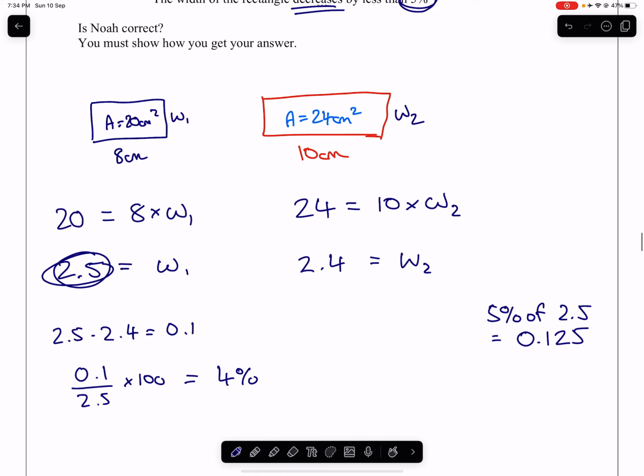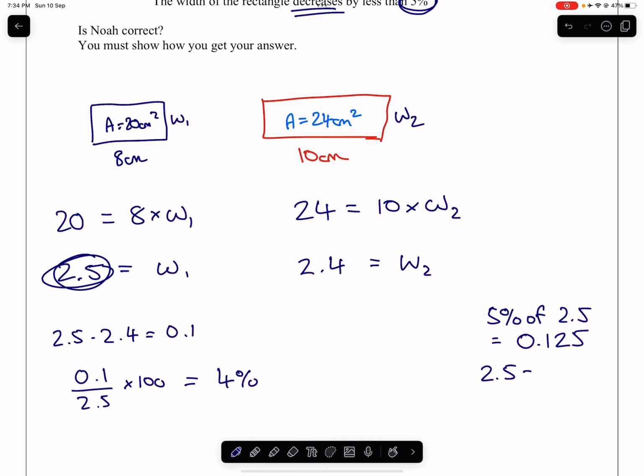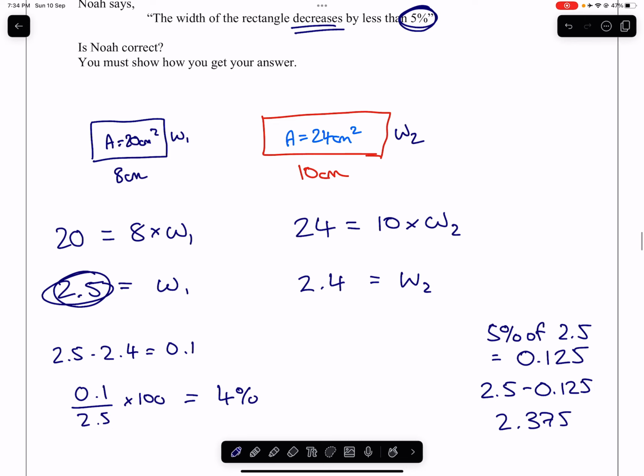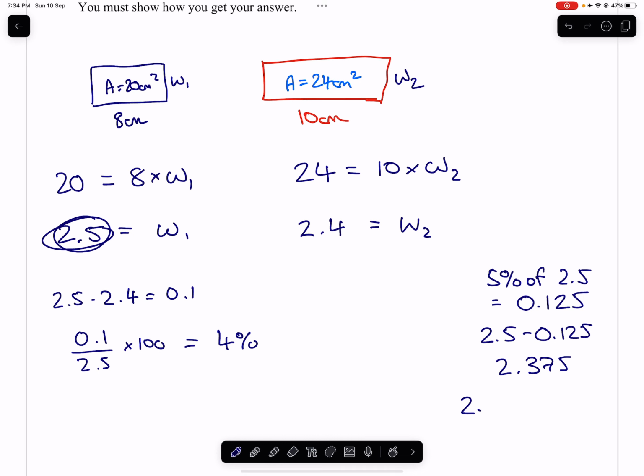And then when we take that away from our 2.5, because this is a decrease after all, we end up with the number 2.375. So that's a 5% loss, which means this is not as much of a loss. Because this is smaller than 2.4, it's going to be less than 5% that's lost. That's another way of doing it.